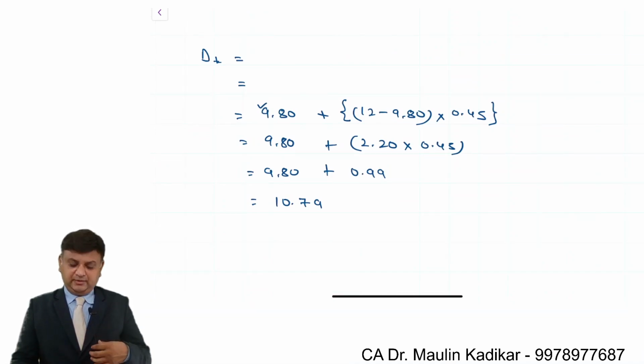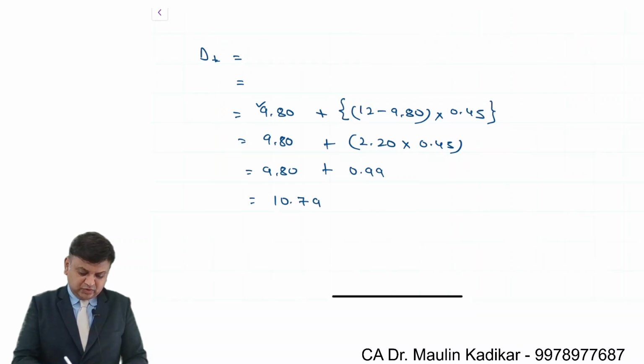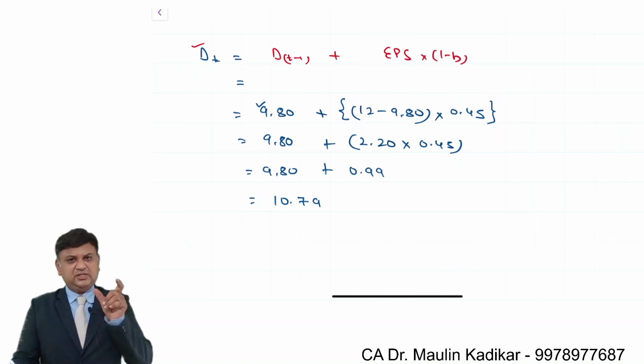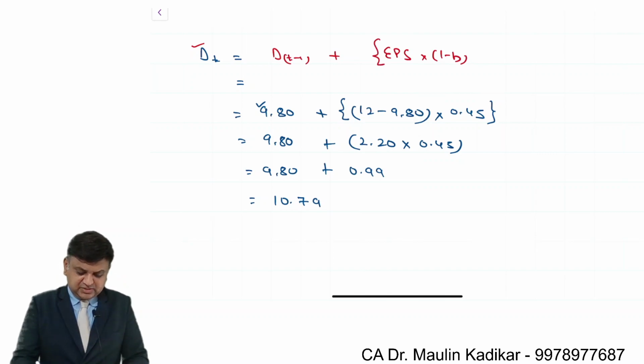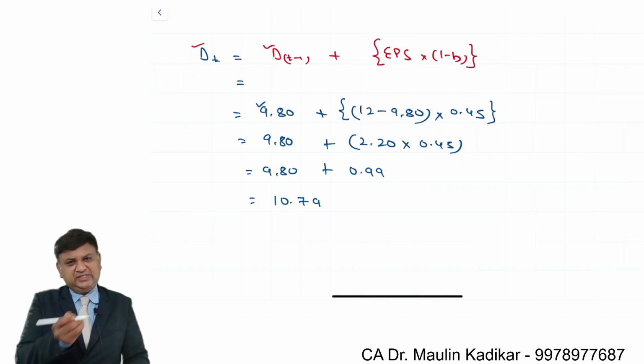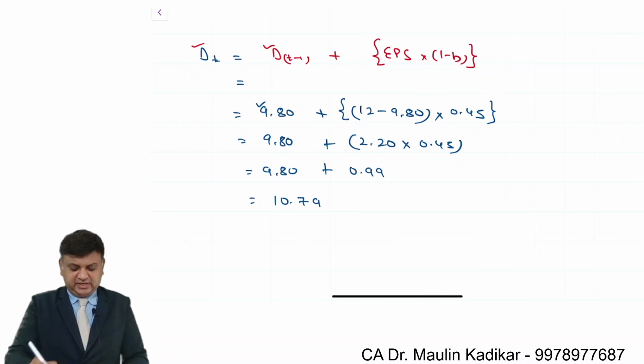I explain it again. What is the dividend of the current year? It is equal to the last year dividend plus something. Plus what? For that they have given the formula like this: EPS into dividend payout ratio. This is the normal dividend that you have. From this, the previous year dividend has already been mentioned on the left hand side, so it is deducted from this value.